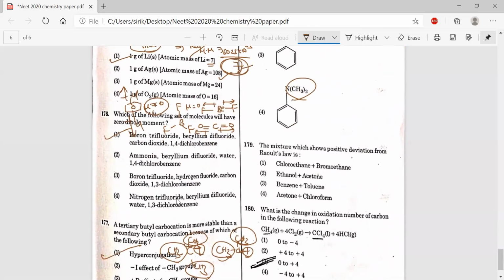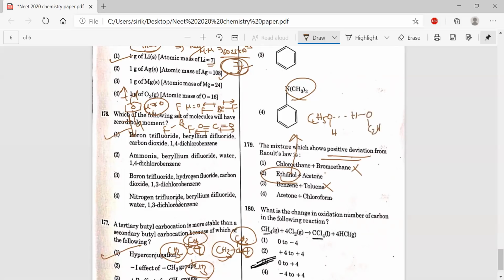And see the next question, the mixture which shows a positive deviation. Chloroethane and bromoethane are ideal solutions, and benzene and toluene are ideal solutions. Whenever alcohol is there, you can mark it directly. Here the alcohol one is non-ideal, and there is hydrogen bonding between two alcohol molecules. This is an OH, and there is another alcohol.